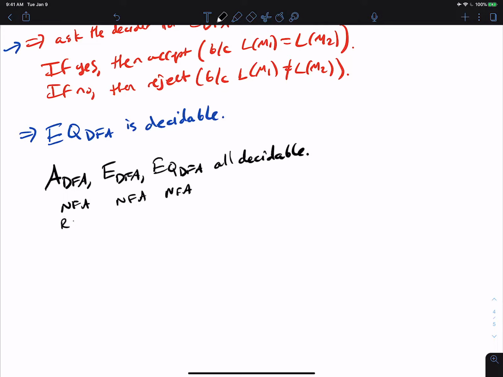We could do the same thing for regular expressions, whether two regular expressions are the same is a very widely asked question. So we can answer all of those questions because we can always just do the conversion to a DFA and then just appeal to the decider for either A DFA, E DFA, or EQ DFA.